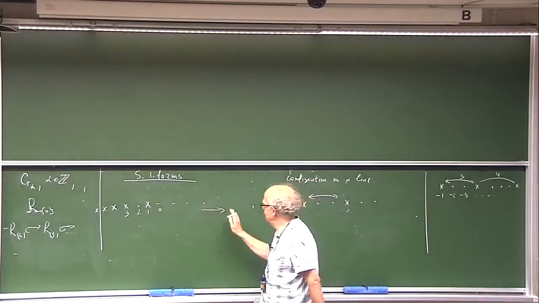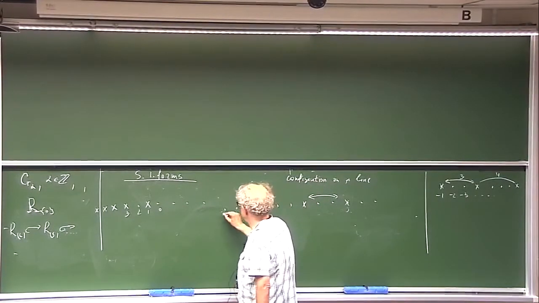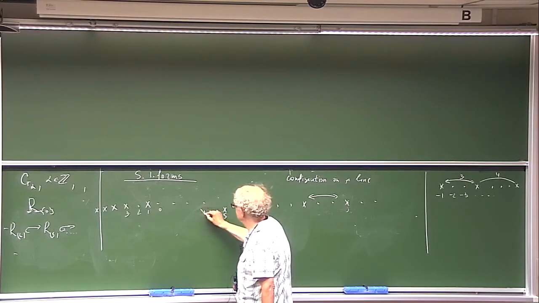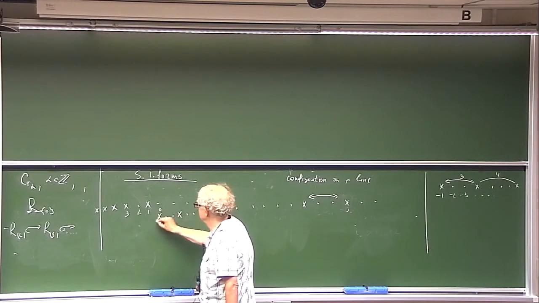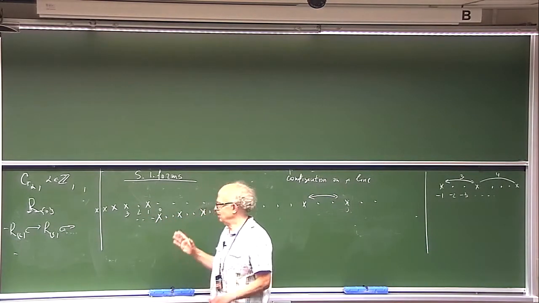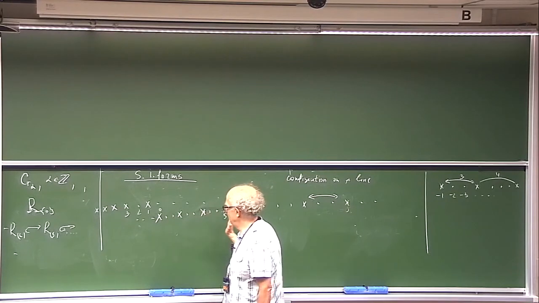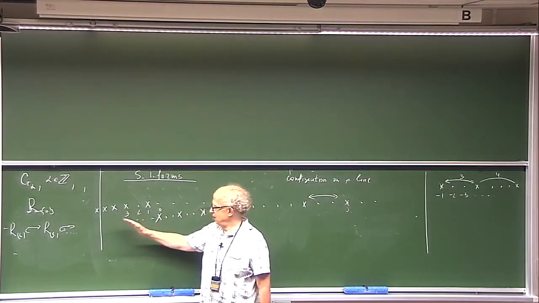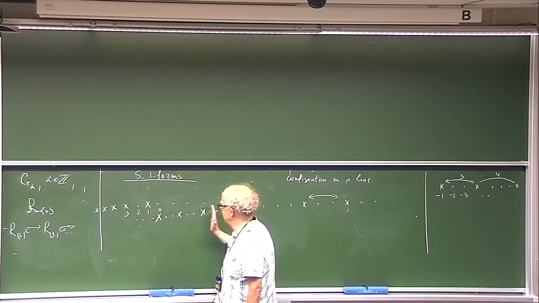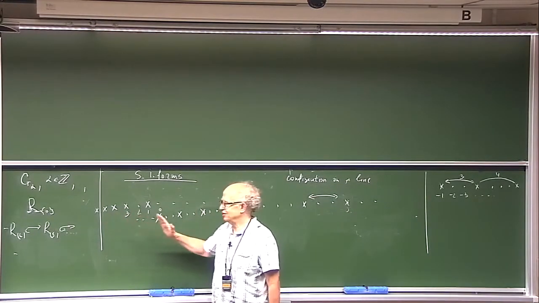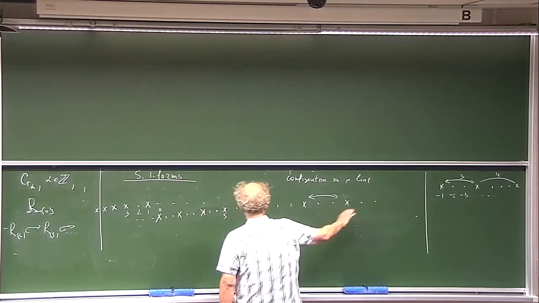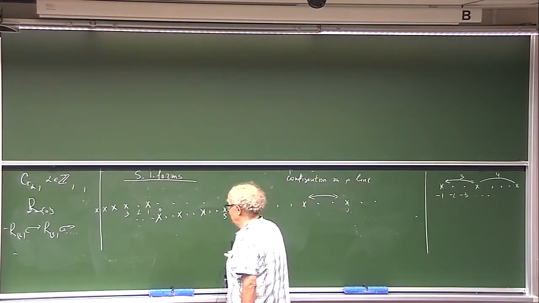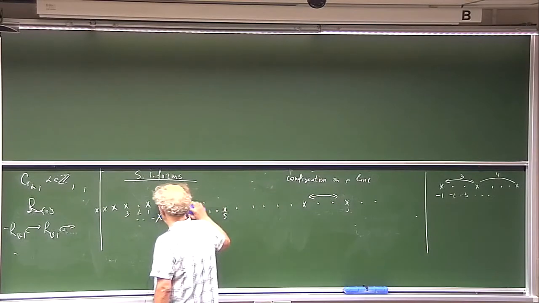So after some point, maybe 5, for example, they are going like this. Usually we say that such a configuration stabilizes on a tail in this direction and stabilizes to 0 in the other direction.